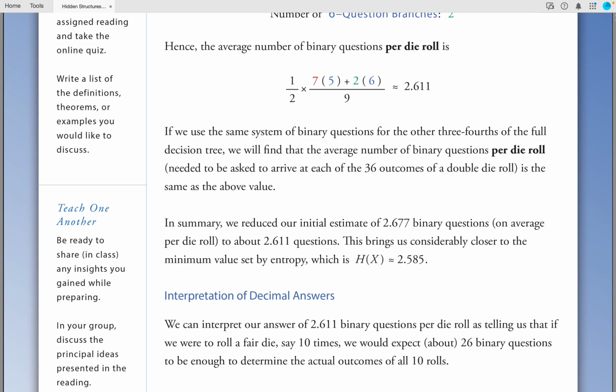We can interpret our answer of 2.611 binary questions per die roll as telling us that if we were to roll a fair die, say 10 times, we would expect about 26 binary questions to be enough to determine the actual outcomes of all 10 rolls.